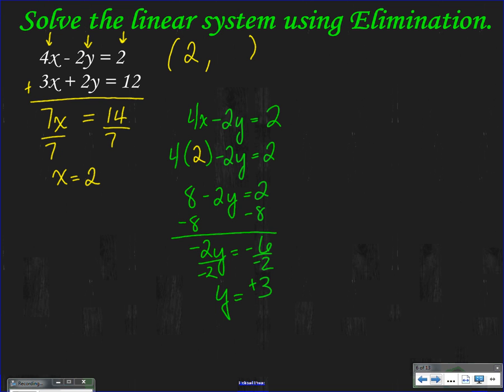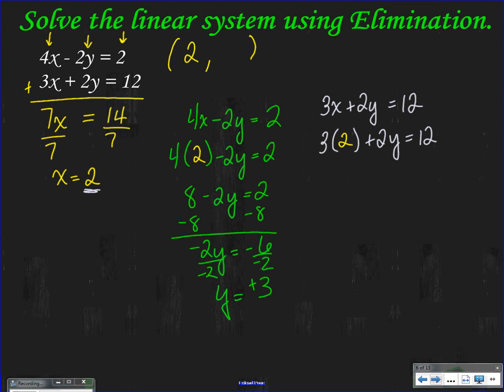Okay? Now I'm going to take my second equation, which is 3x plus 2y equals 12. So again, wherever there's an x, what am I putting? I'm putting 2 again. Same thing. So I get 3 times 2 plus 2y equals 12.